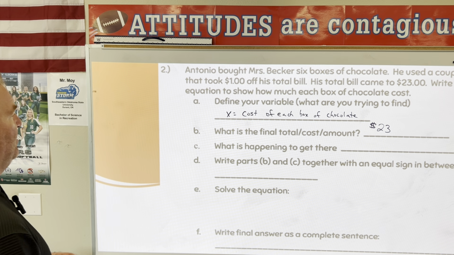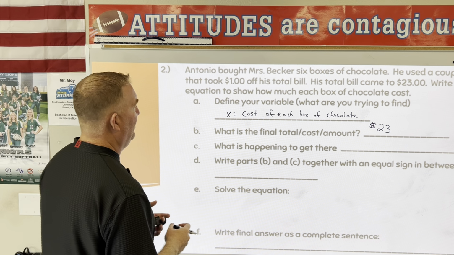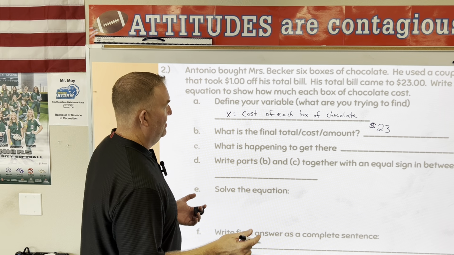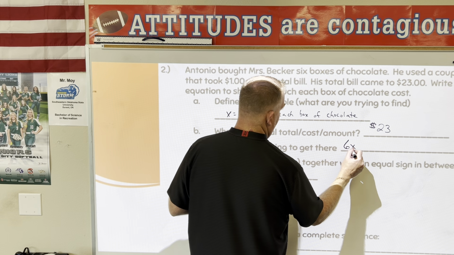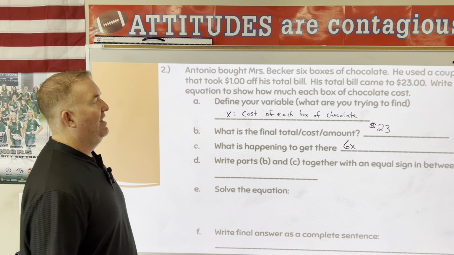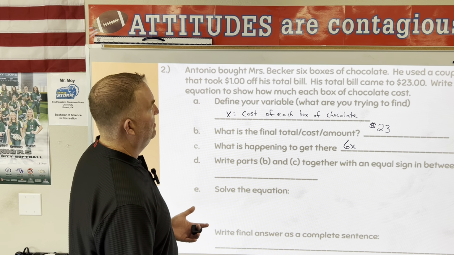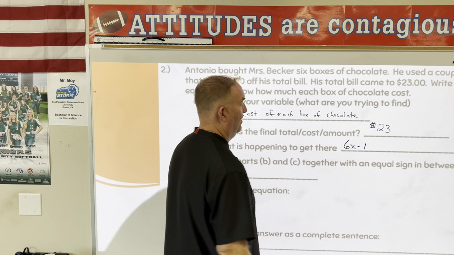What's happening to get there? Now, how many boxes did we buy? 6 boxes. I think this is how I'm supposed to write it. So 6x, 6 boxes of chocolate because we don't know the cost of the box. And then what else happened? He took off $1, so minus $1.